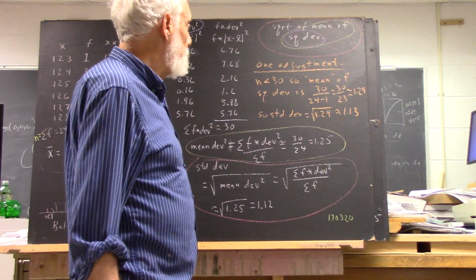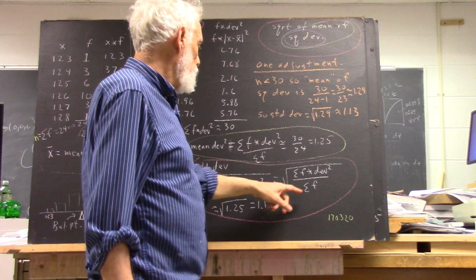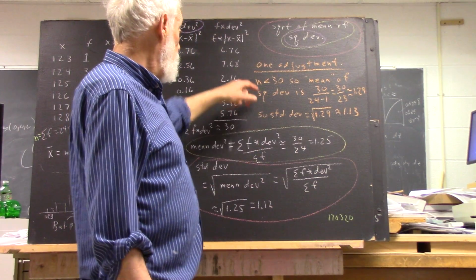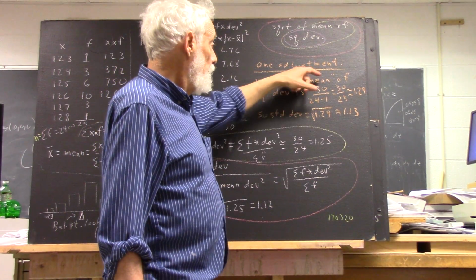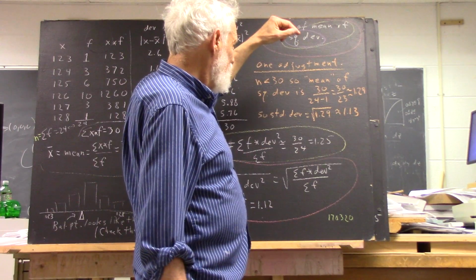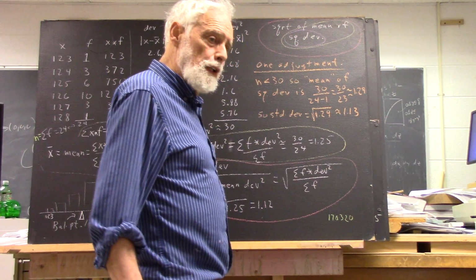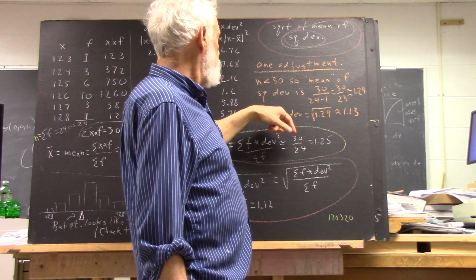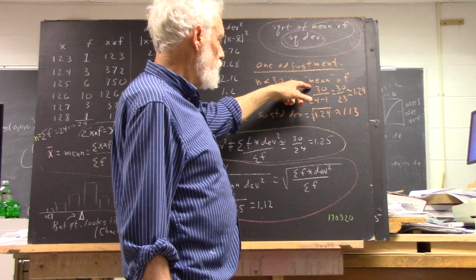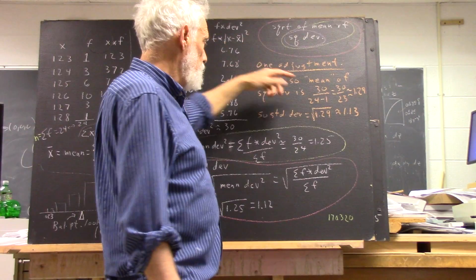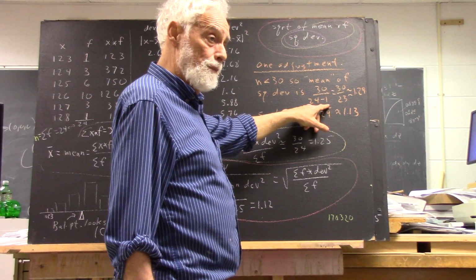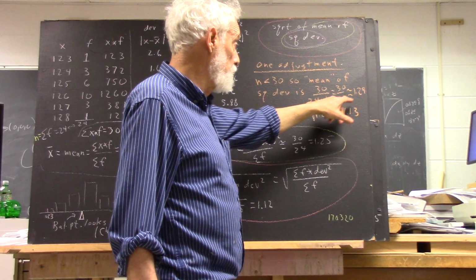Now, one adjustment: if n is less than 30, and n is our sum of f, we could call that n if we wanted. If n is less than 30, then the so-called mean of our squared deviation, the thing we're actually going to use, is the sum of all frequency times squared deviations, divided by n minus 1. 24 minus 1 instead of 24.